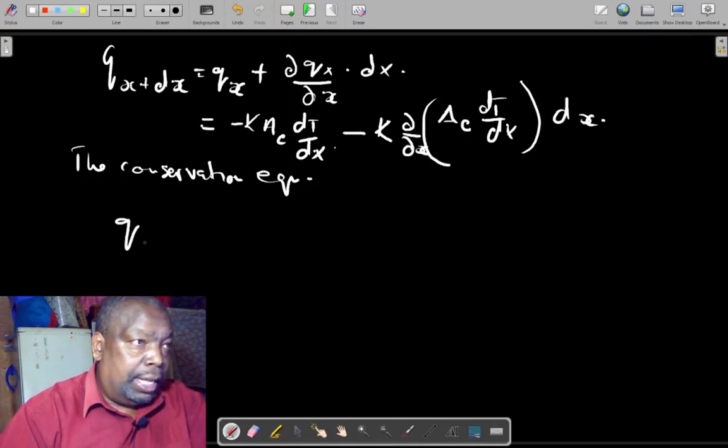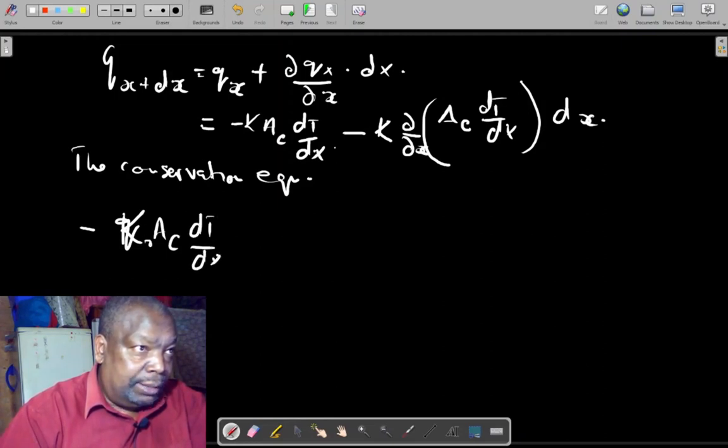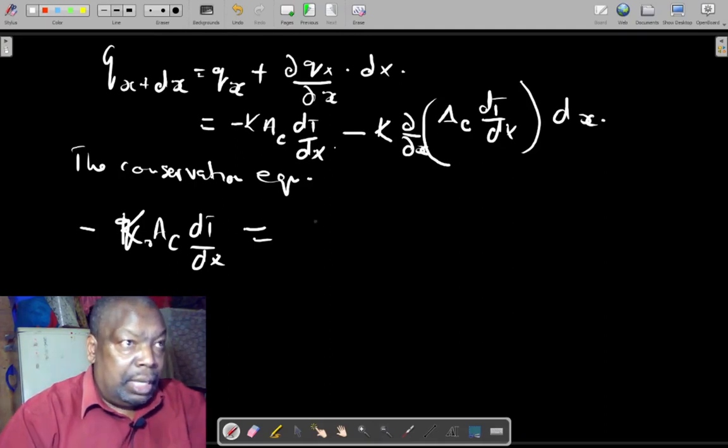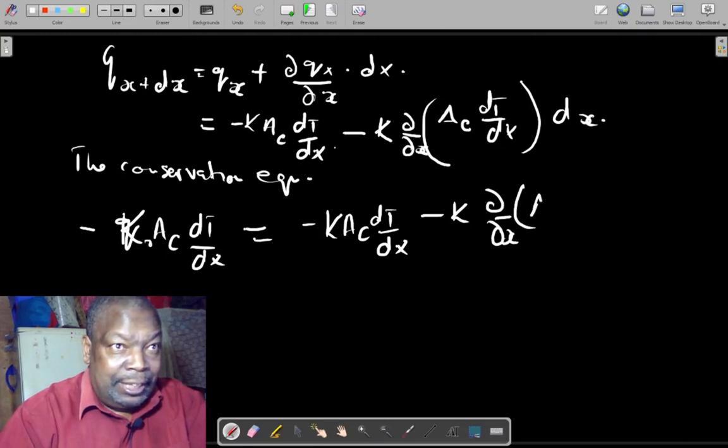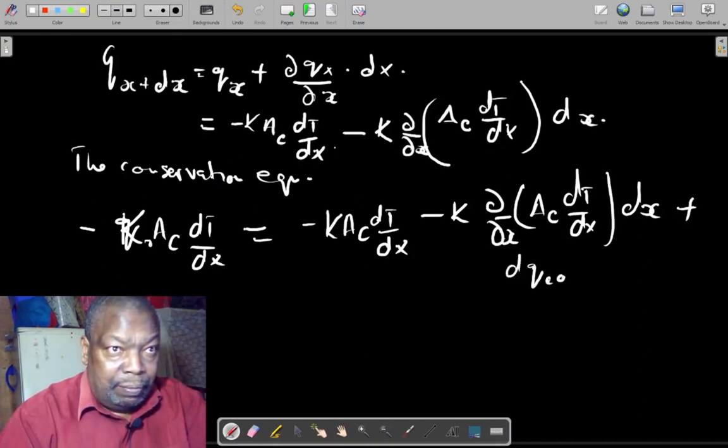So now the conservation equation becomes Qx, which is minus k Ac dT by dx, equal to minus k Ac dT by dx minus k d by dx of (Ac dT by dx) times dx, plus now dQ convection.